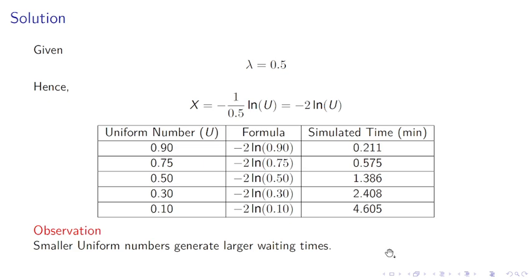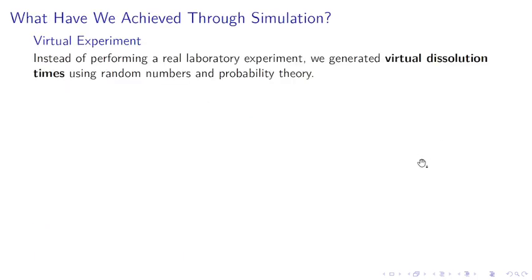In this manner, we can generate millions of random numbers, and we can easily identify the simulated time. Smaller uniform numbers generated larger waiting times. What we achieved through this simulation is a virtual experiment.